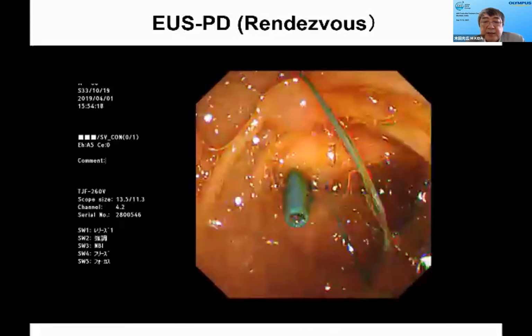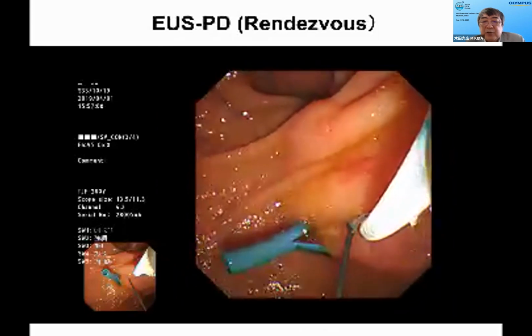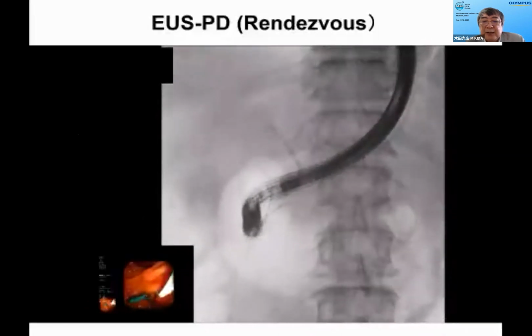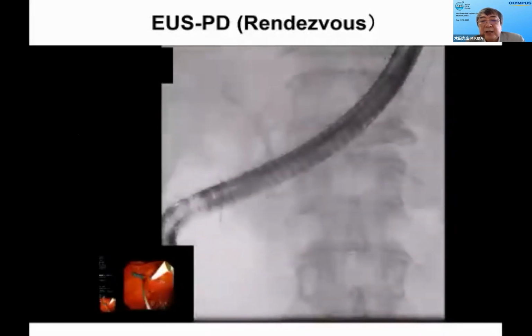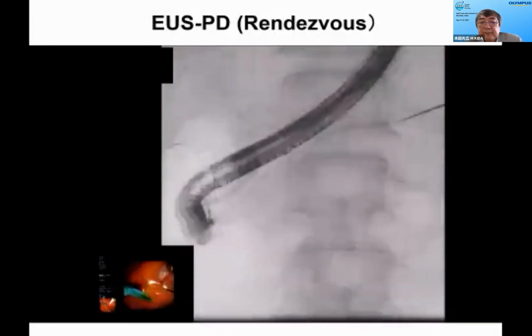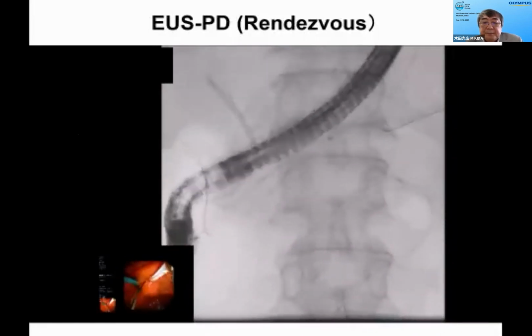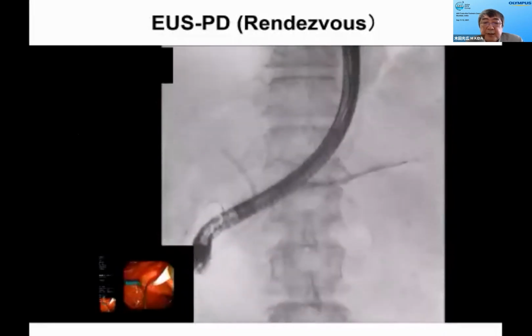Then generally we use a side-by-side technique. Don't catch the guide wire. We pass through that, and then we insert another guide wire into the MPD side by side. Then fill the contrast.